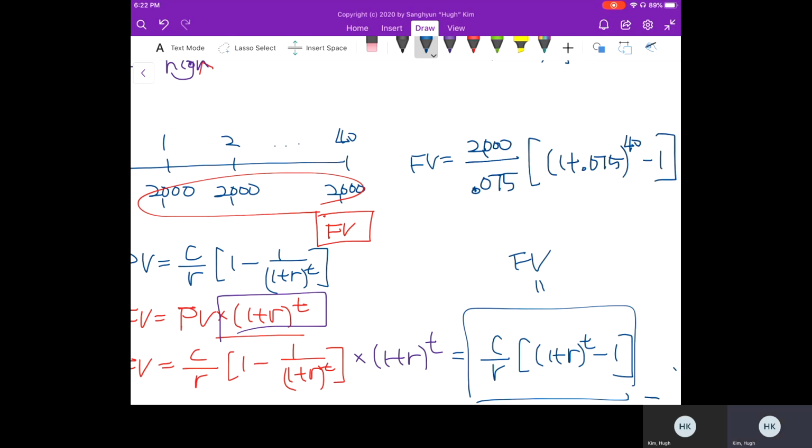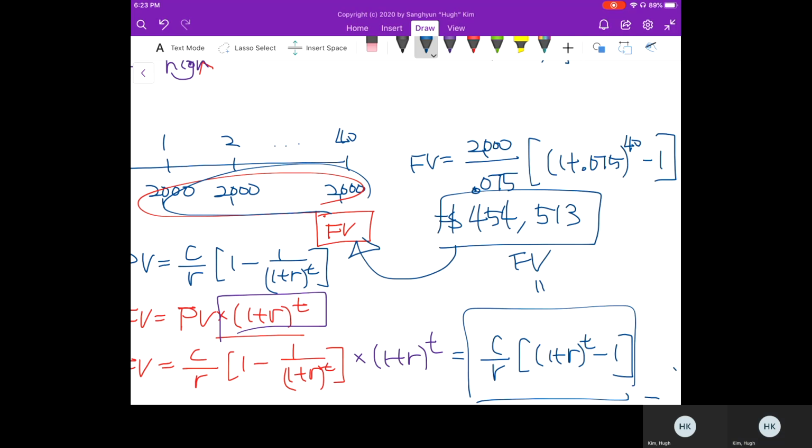That is equal to $454,513. So that's how much you will have in 40 years.